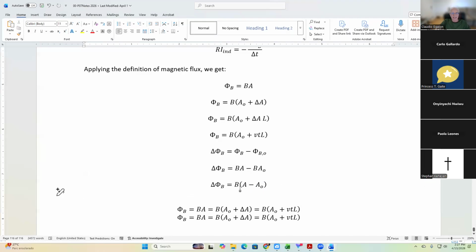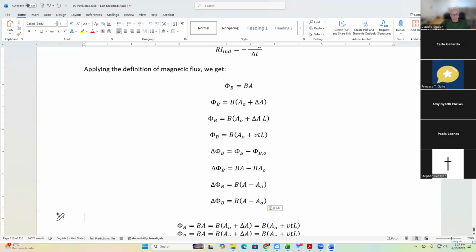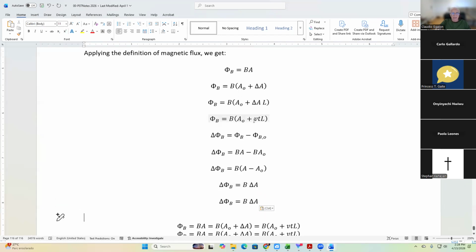What you see right in here is going to be delta A, which we already calculated, right? Like that. But delta A doesn't depend on A naught. Delta A is just VTL.